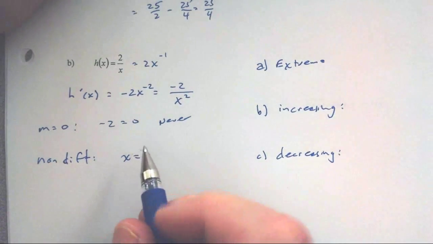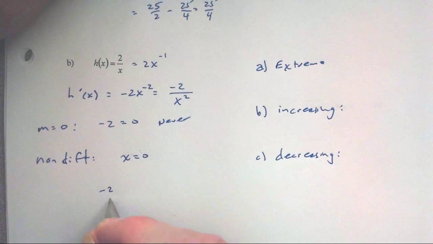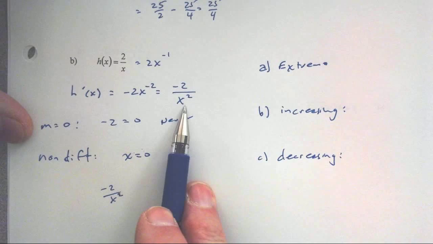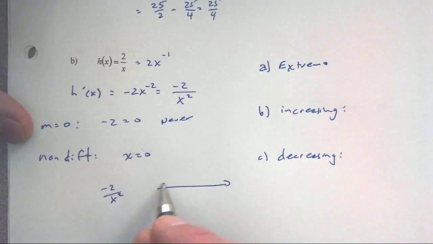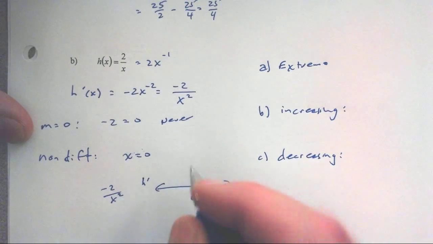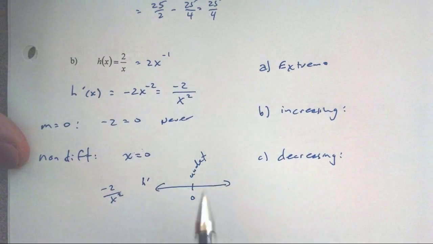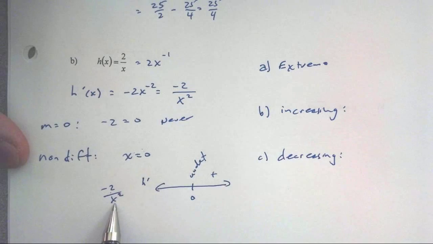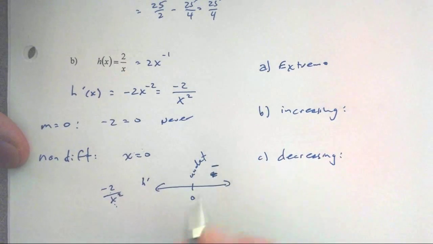Okay, so if this is our slope, negative 2 over x squared, other than our point of non-differentiability, what do we know about the slope of this? So here is h prime at 0. We have an undefined slope. How about to the right of 0, the numerator is negative divided by positive, negative.